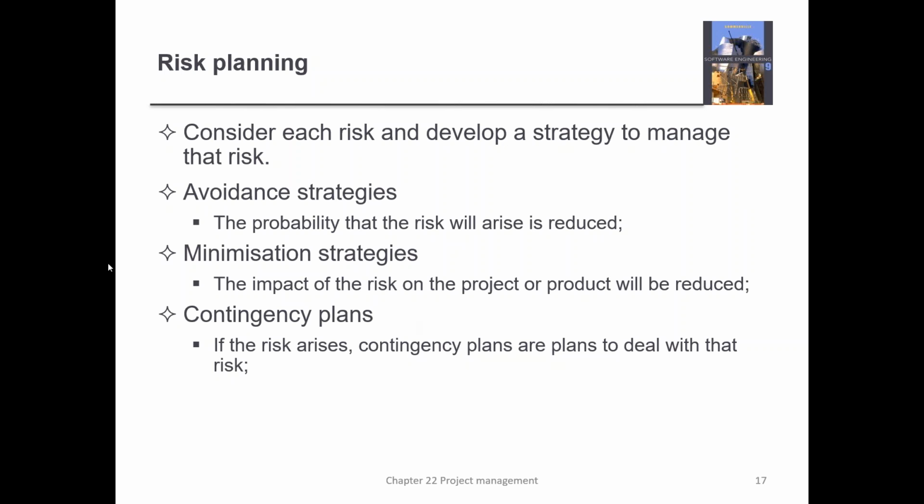And in the avoidance too, you can probably minimize it to ensure that if it does happen and it does affect you, the effect that it has on your company is minimal. All right. And then your contingency plans is even if it does happen, how do you deal with it?